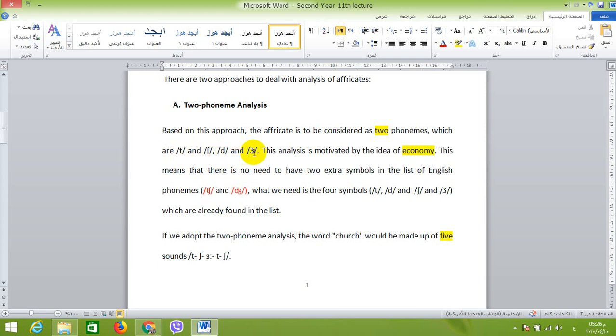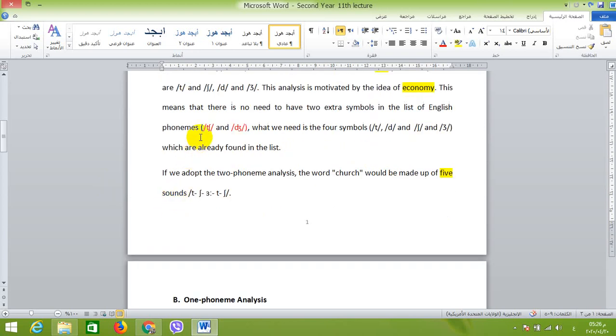Those who believe in this analysis, the two-phoneme analysis, are motivated by the idea of economy. What do you mean by this? Al-iqtisad. This means that there is no need to have two extra symbols in the list of English phonemes.